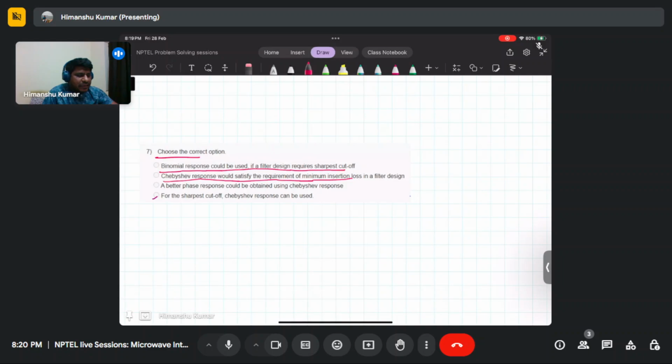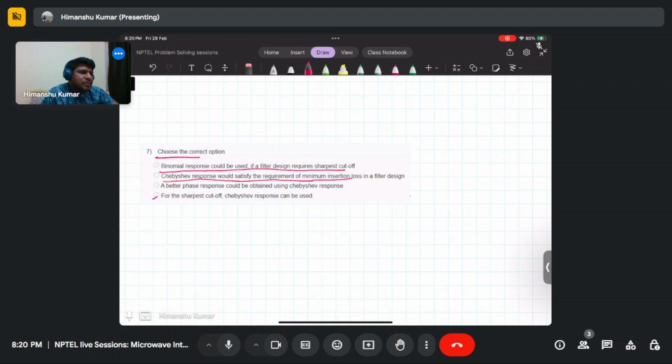So basically, with the Chebyshev you connect multiple stages. Similar to the Chebyshev impedance transformer design problem, your response will become n times.